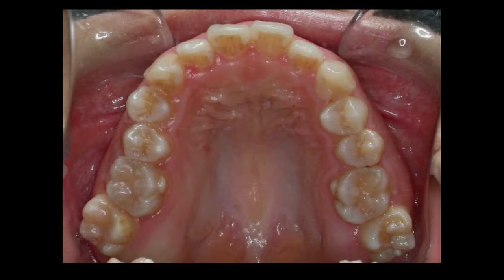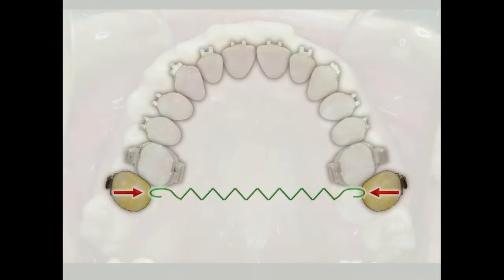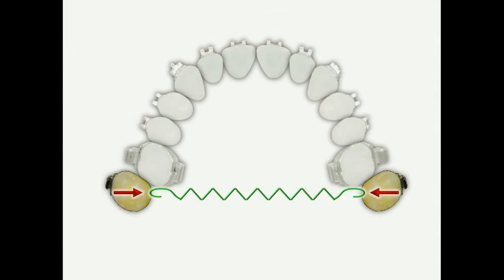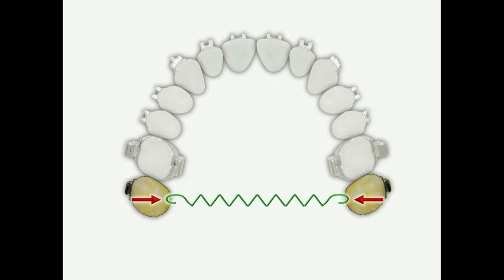What would be the best force system for correction of this bilateral crossbite? As we need only a single force on the second molar, direct application of single elastic or coil spring would be the appliance of choice for this patient. But it would be very uncomfortable for the patient.